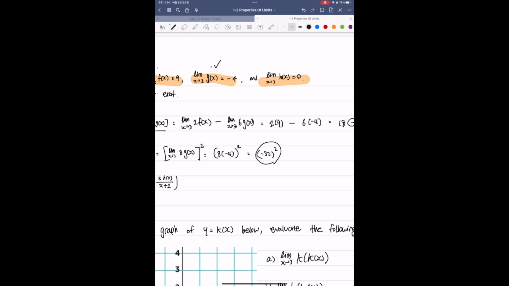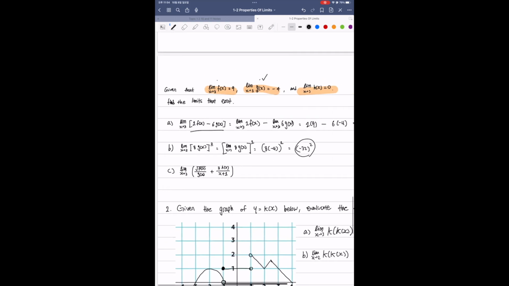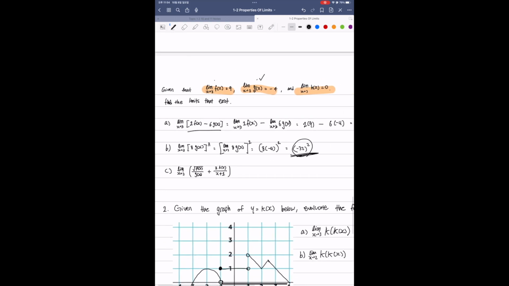By using the calculator, find the answer, okay? Because this is not too hard to find using your calculator, so I'll move on.